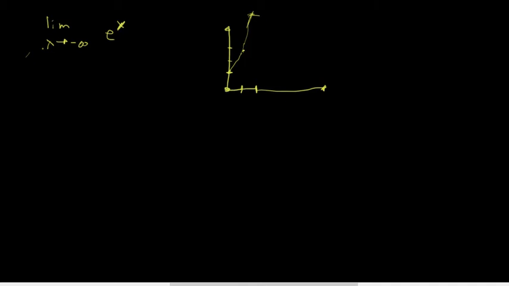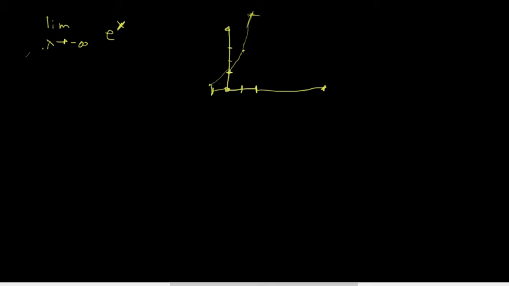So you can see that this is going to grow exponentially. Now what happens for negative values of x? Well, if we looked at e to the negative 1, that's 1 divided by e, and e is 2.718, so you have somewhere between 1/2 and 1/3.